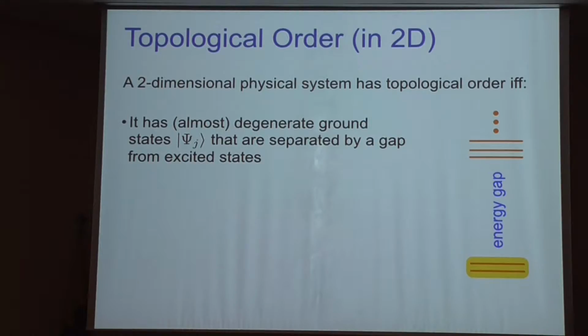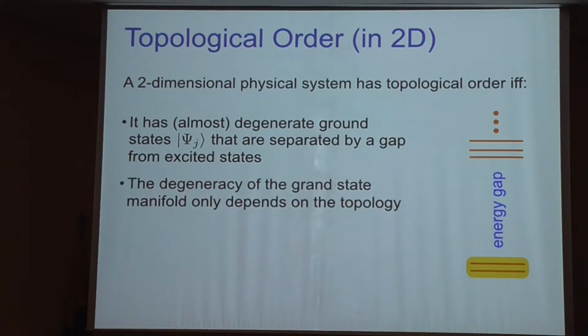There should be an almost degenerate manifold of states that are separated by an energy gap from excited states. So like I try to draw this here. And the degeneracy of this ground state manifold should only depend on the topological properties of the system. So not on anything that is related to size and distances.